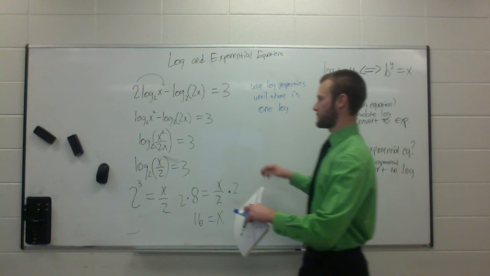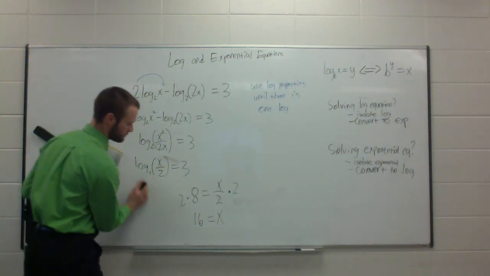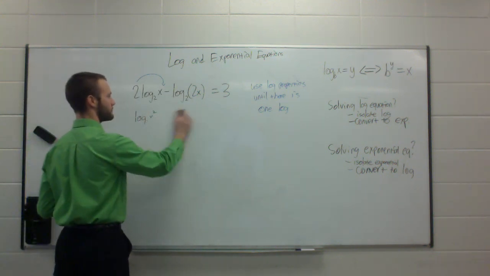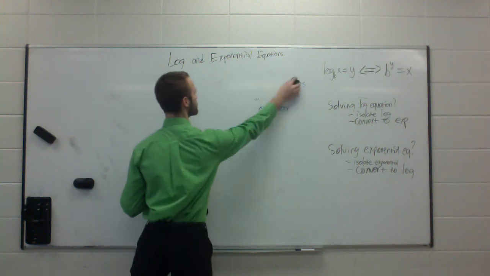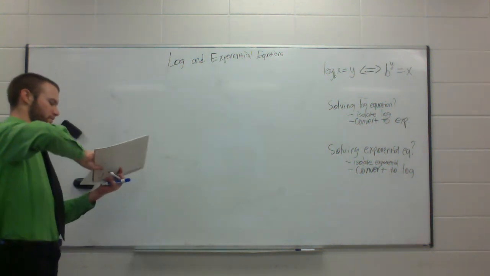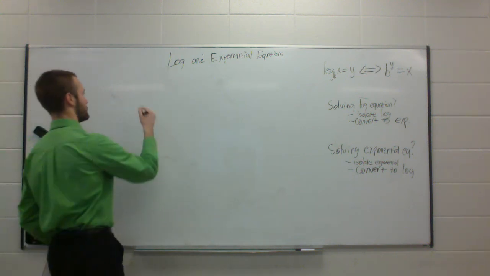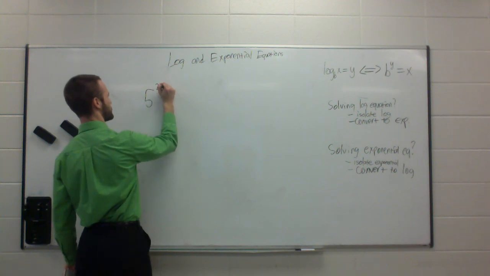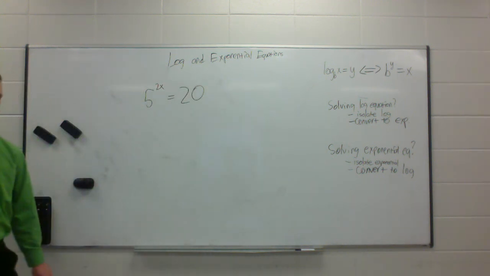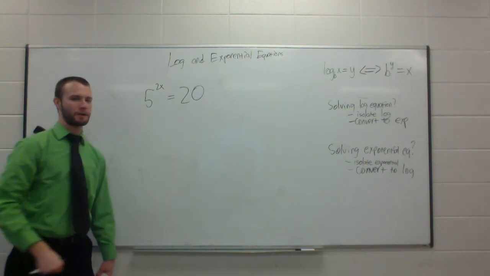Let's do one last one. And this one will be another exponential equation. Here I have 5 to the power of 2x equals 20. So this really isn't that bad, even though 20 is not a perfect power of 5.